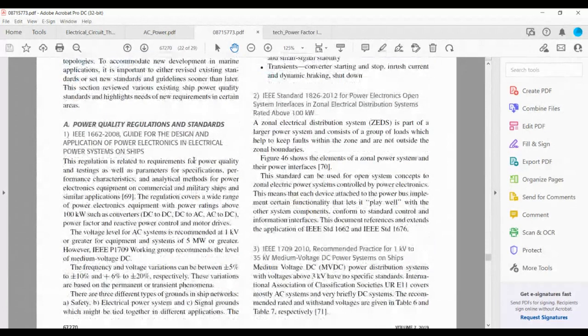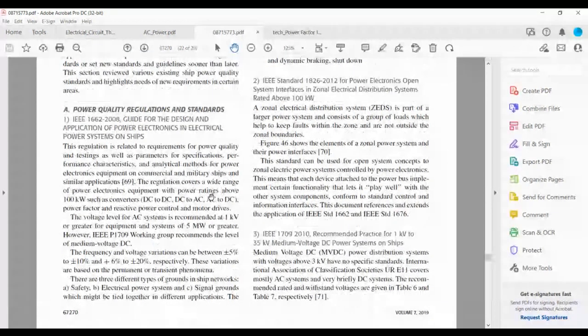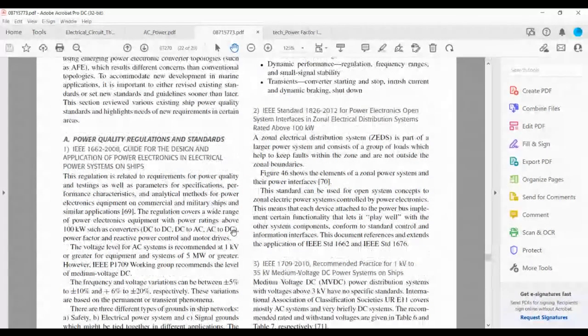I've shown you this kind of stuff before in other standards, the IEEE 45 standard, but there are things to do with your frequency, which should be within 5 to 10% deviance, negative or positive. Similar with your voltage, it can only vary between those limits. And part of the power quality is also your power factor.